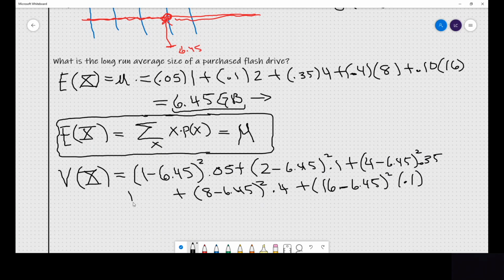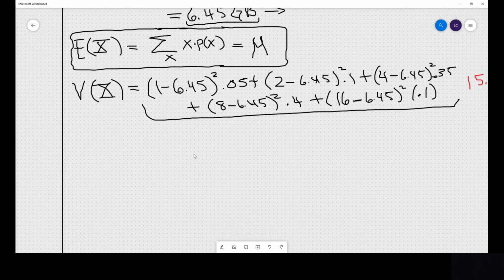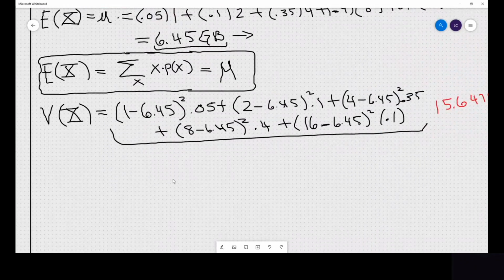And this would give us an idea of how spread out the distribution is. So how far away from the mean are you? And if you did this calculation, you would come up with 15.6475. So that's what the variance is for this particular one.